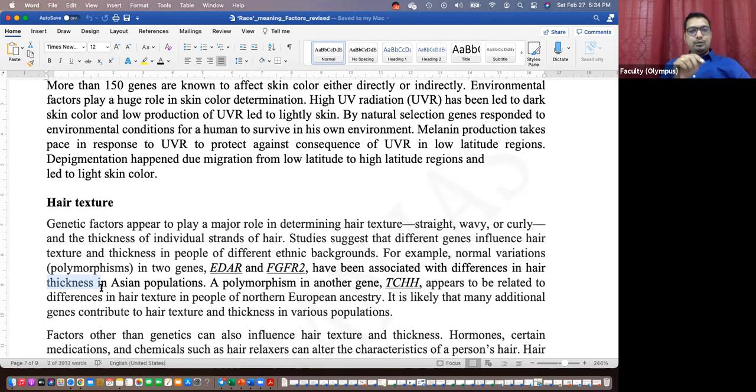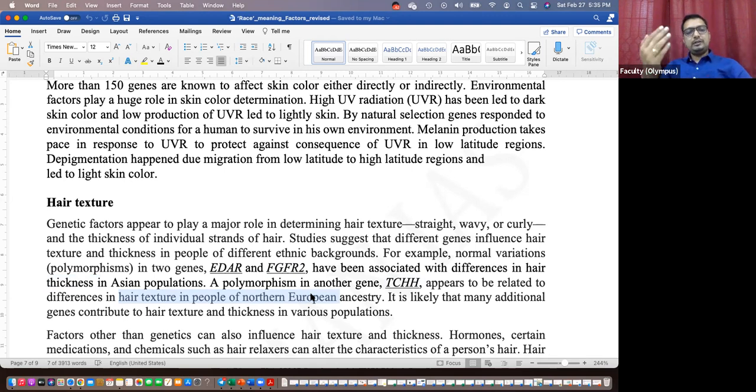The same thing in European ancestry: people with European ancestry were found to show variation in another gene called the TCHH gene. Polymorphism in the TCHH gene appears to be responsible for the hair texture seen in Northern European ancestry. So different genes are contributing to this. The problem comes from the fact that we have so many genes controlling these factors.